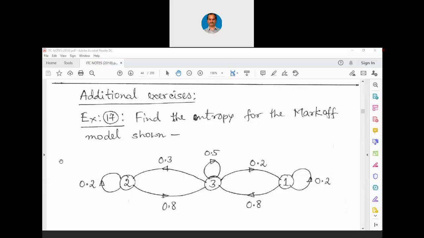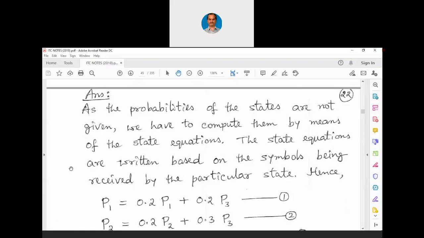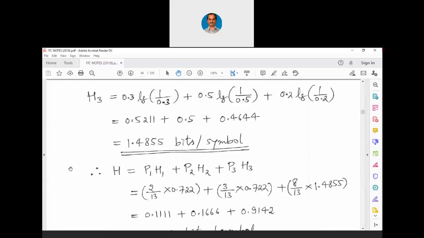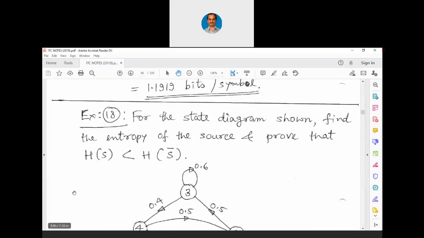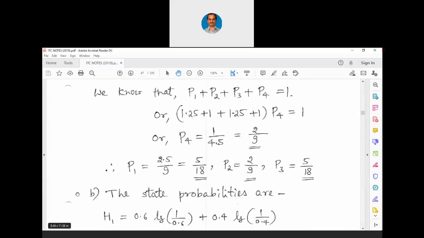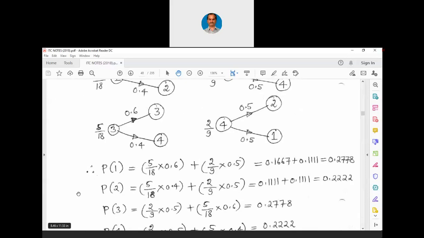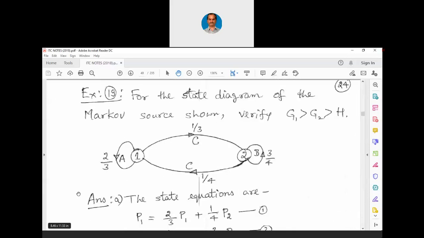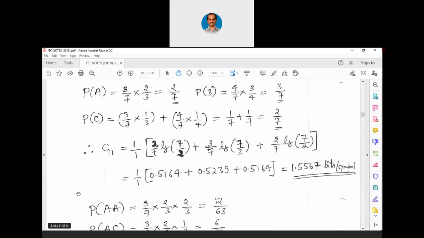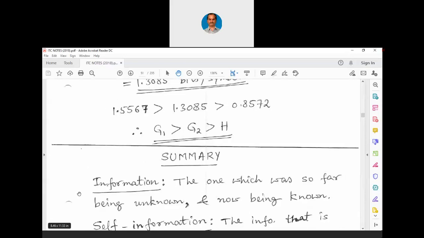So, all these additional exercises, I will just skip it and I expect that you go through the notes and understand all the solutions. So let me proceed further. There are many exercises which I have already put in the notes. Please go through all of them. They are all similar in nature.